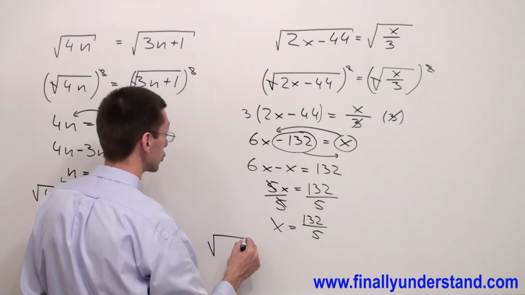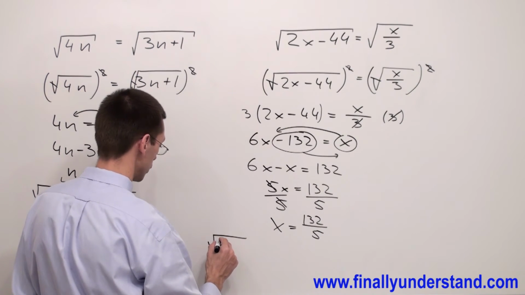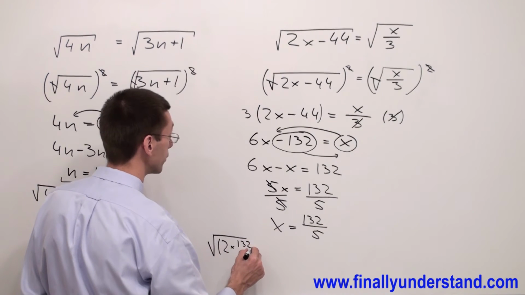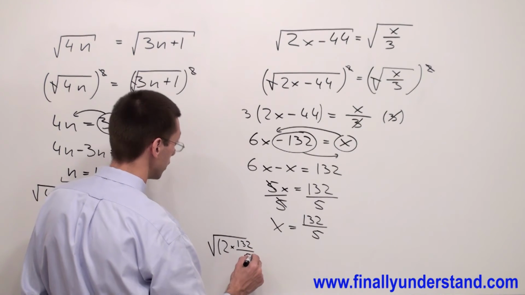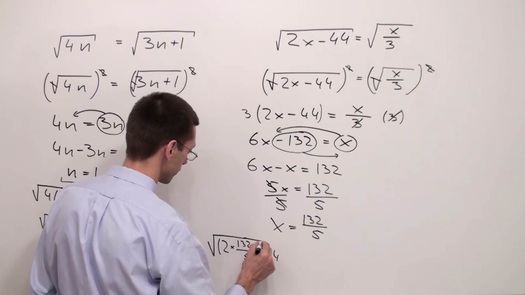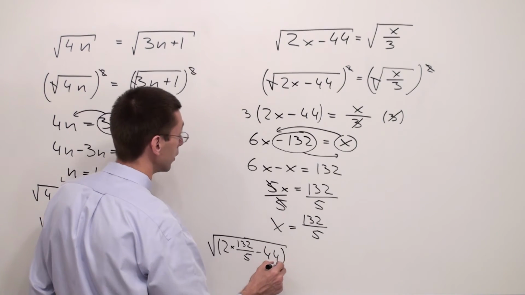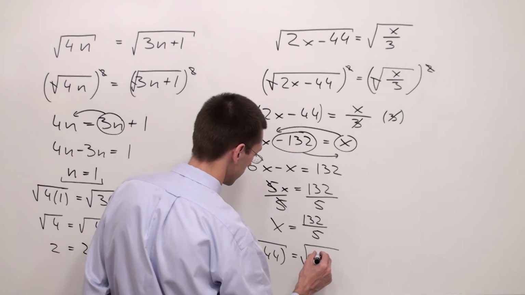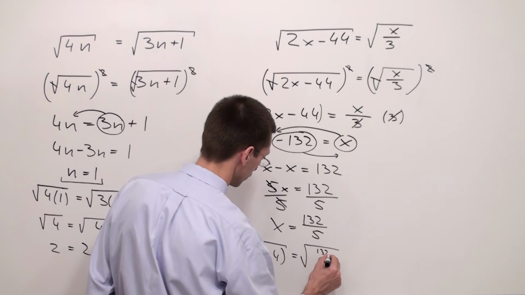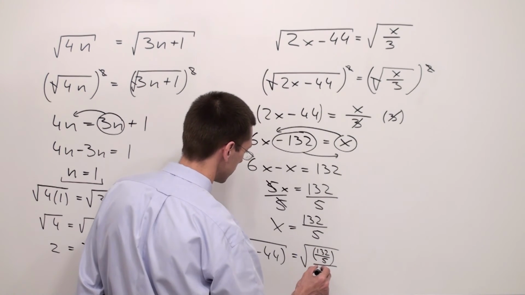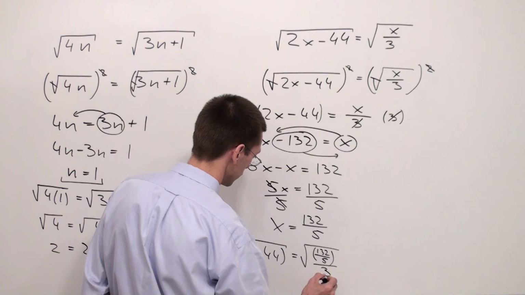So I have square root of 2 times 132 over 5 minus 44 equals square root of 132 over 5, and everything is divided by 3.